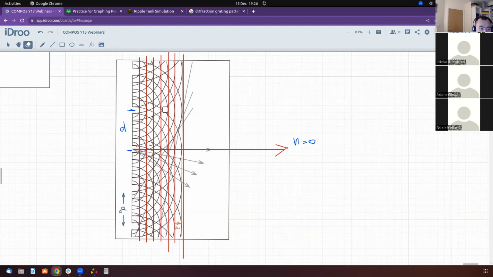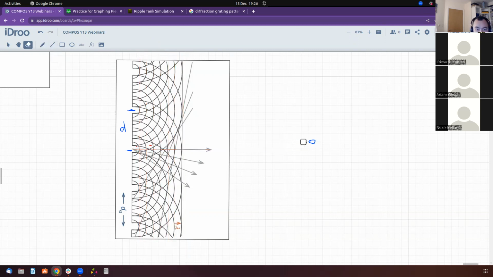But then, just like magic, we have another direction. If we take this wave and the first wave, the third, second, and first, fourth, third, second, first, fifth, fourth, third, second, first, you can see that these waves add up.